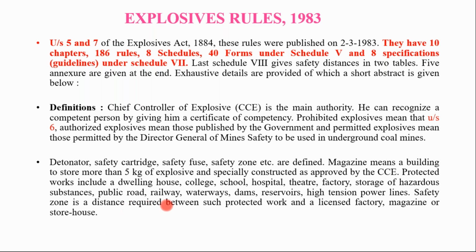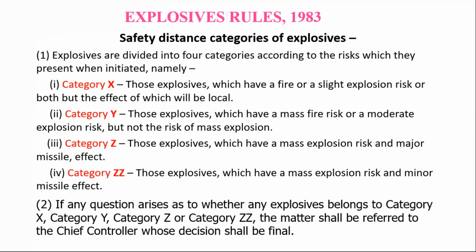The protection of all these things is the first priority, and by keeping a safe distance, they can give the license approval. Safety distance is the main thing to protect hospitals, buildings, schools, etc. For that purpose, these guidelines are given.